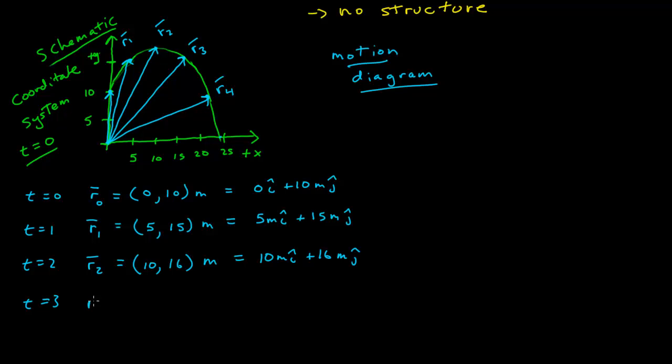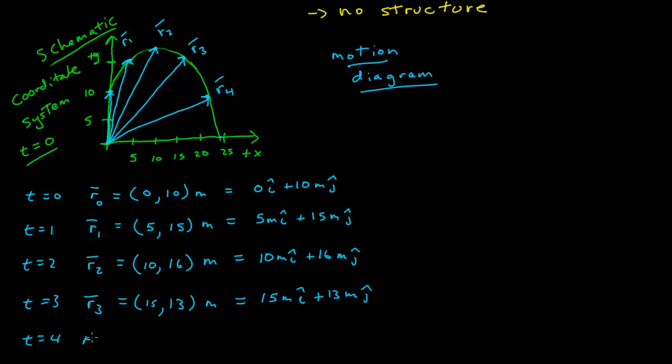And the last two, R3, is equal to 15 and 13 meters. My numbers here may not exactly match my schematic because of my drawing skills, but in the real life example, I can measure these numbers to this accuracy.